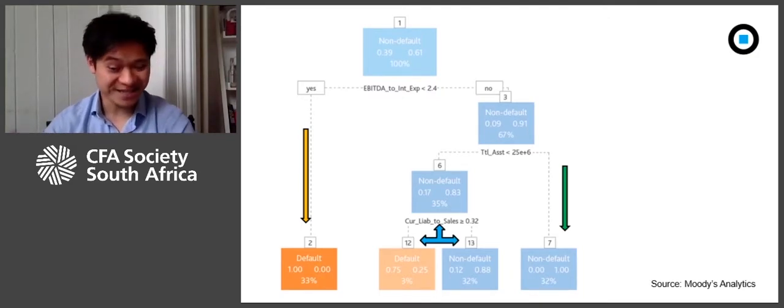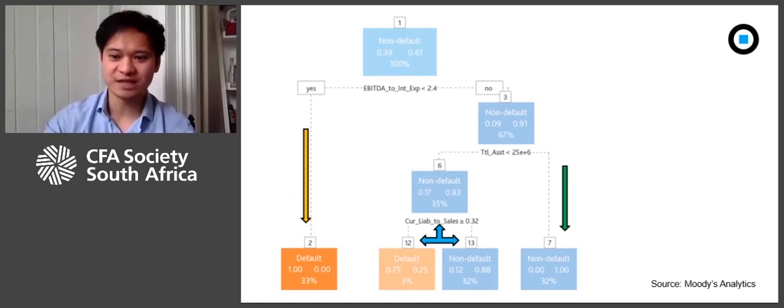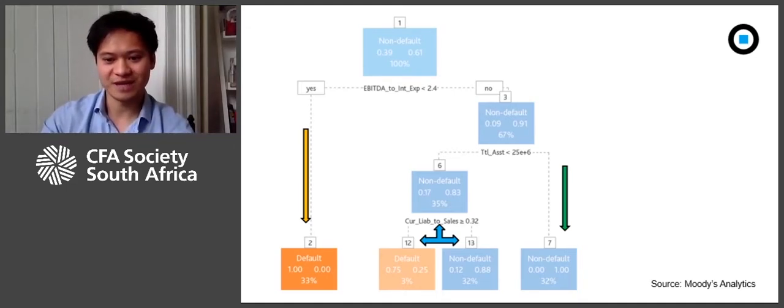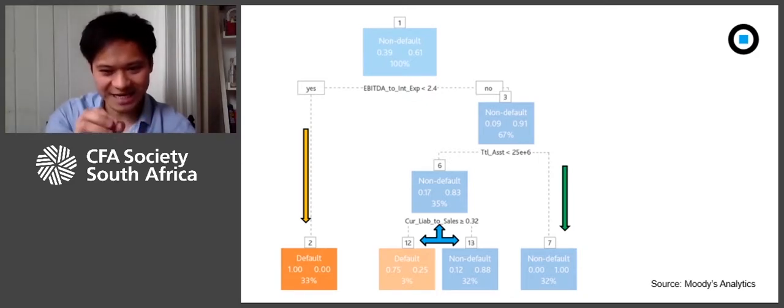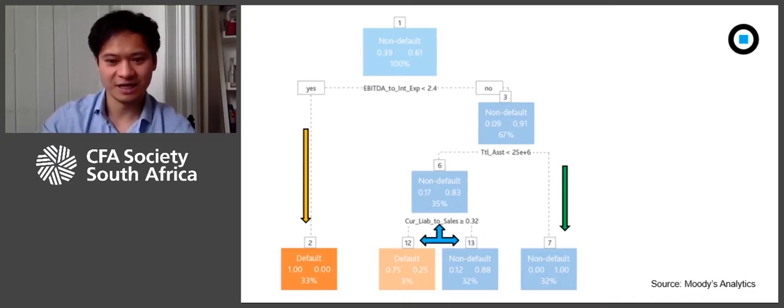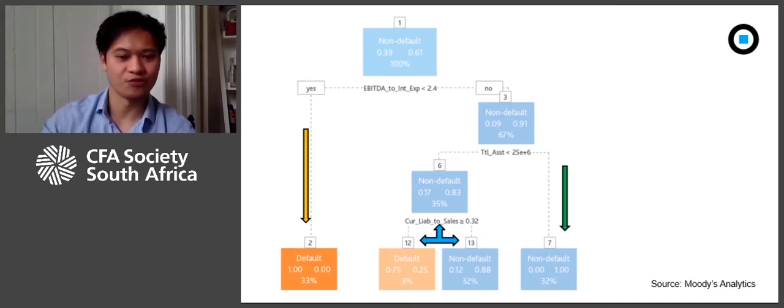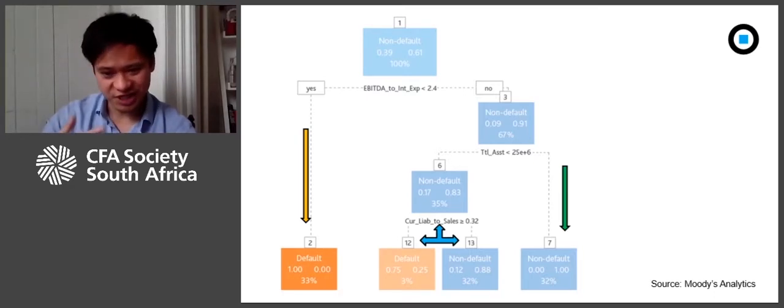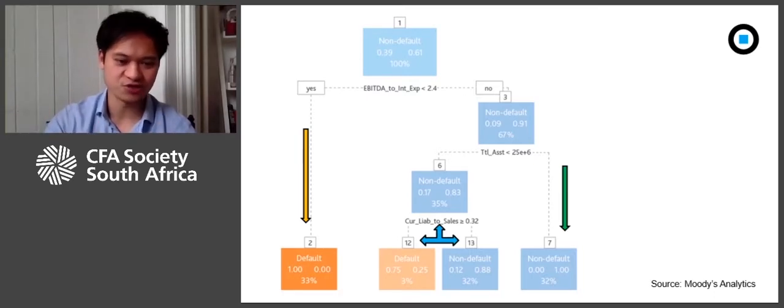Now, in practice, individual decision trees like this tend to be very, very overfit. Now, you can see why, because it's splitting the data so specifically based on the training sample. So what a random forest does is it averages across many decision trees using a process called bootstrap aggregation, or bagging.